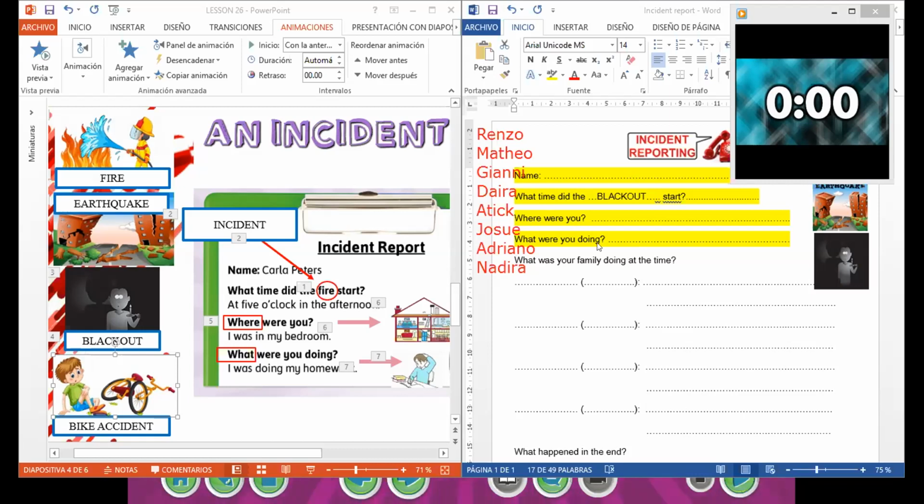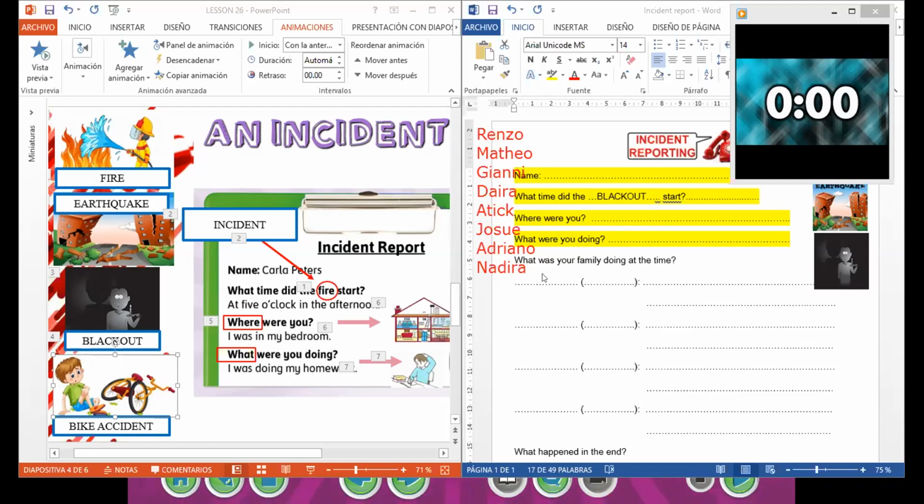Is watching TV. Okay, Adriano, good. But remember, not 'is watching TV.' Similar to the example, I was watching TV. And with where were you, at the living room, yeah, it's okay. But also you can say, I was in the living room. Similar to the example.